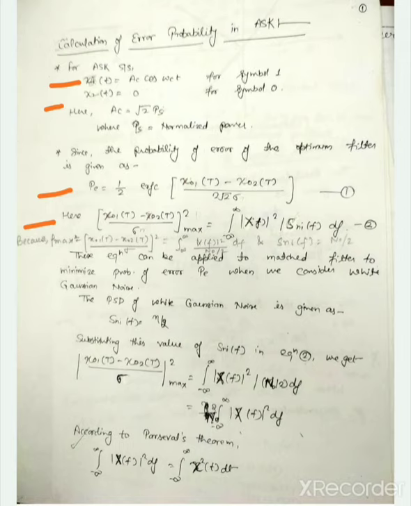SNi(f) is the power spectral density of input noise, that is the noise which is being input at the receiver.